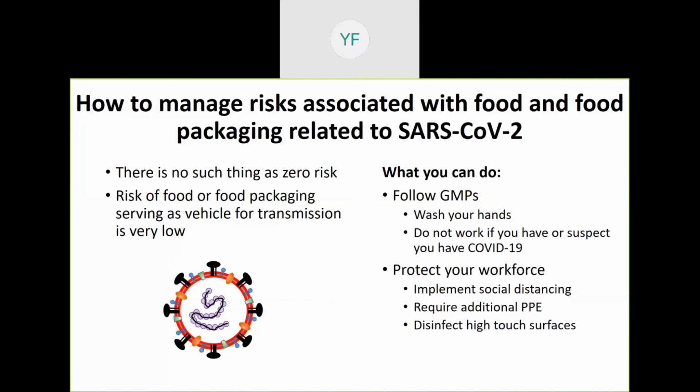I know that can be a major challenge with the way that a lot of these processing lines are set up. The CDC actually just came out with a very nice guidance document for how to implement social distancing in a processing facility. It's targeted more towards meat processors, but I think a lot of the information can be broadly applied to food processors in general.